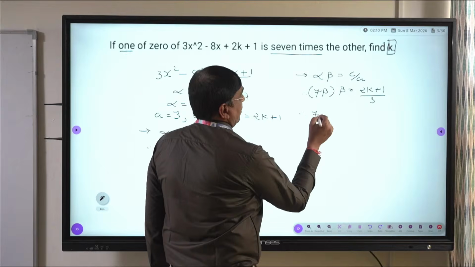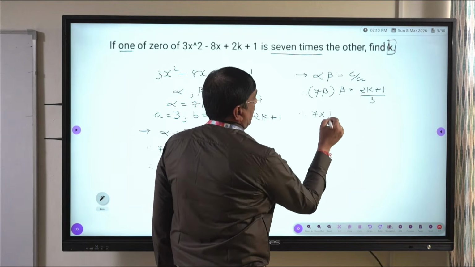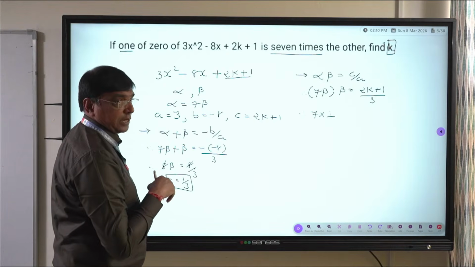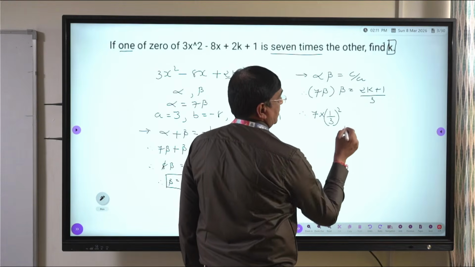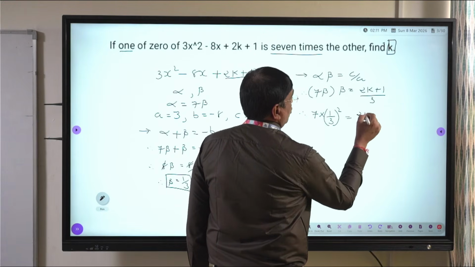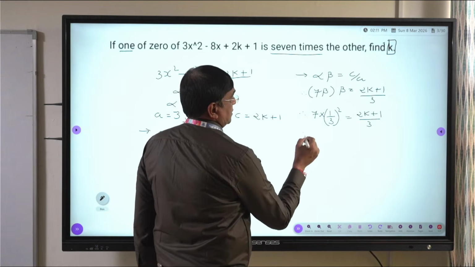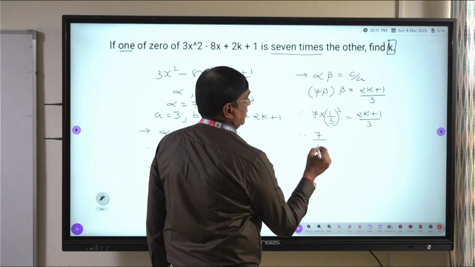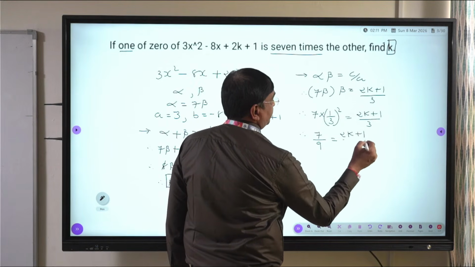Therefore 7 beta into beta is 7 beta square, and the value of beta is already found, that is 1 by 3. So 7 into 1 by 3 the square equals 2k plus 1 upon 3. 7 times 1 square is 1, 3 square is 9, equals 2k plus 1.